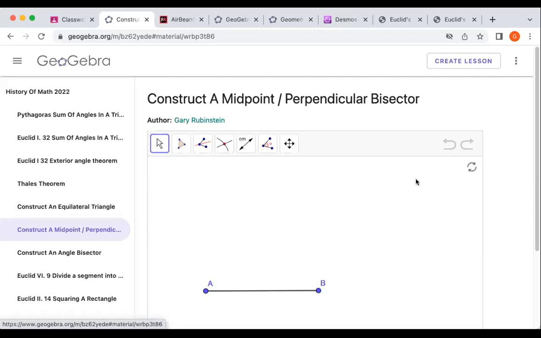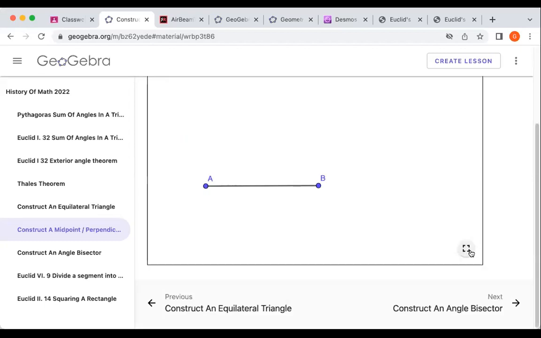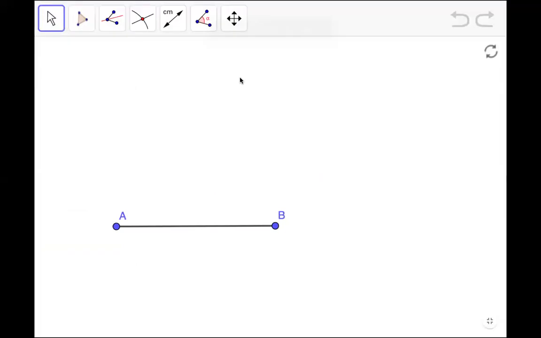So here it is. Here's that construction. First, I'll show you the steps, and then we'll analyze why it works. Step 1, make an equilateral triangle on the line segment.